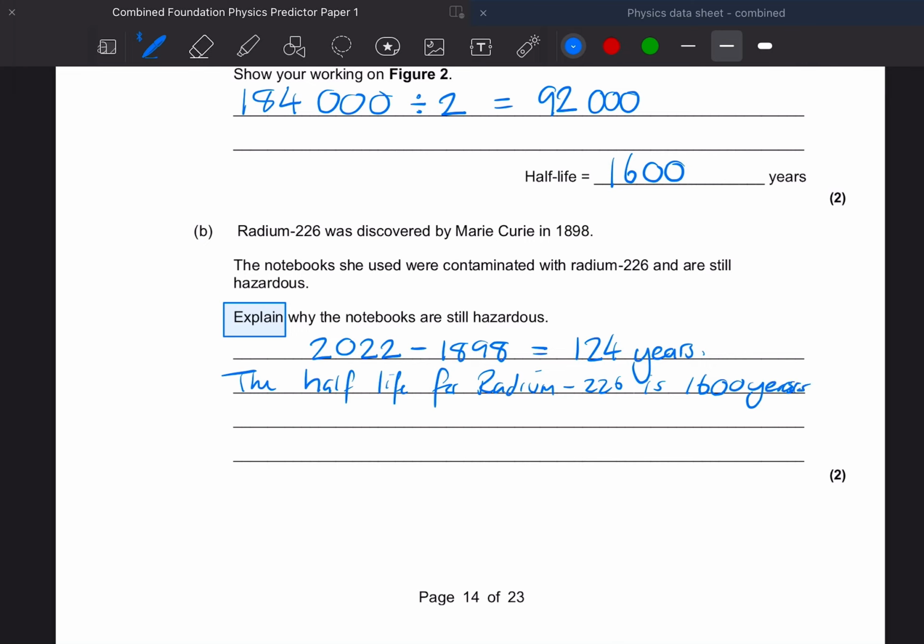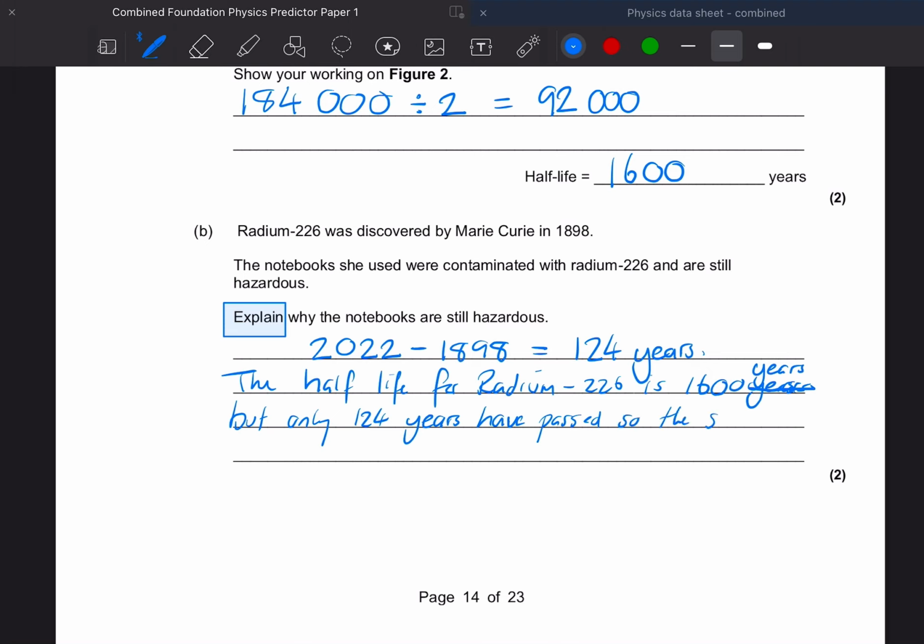Excuse the spelling there. If you get there in the exam, just cross it out. Years. But only 124 years have passed.